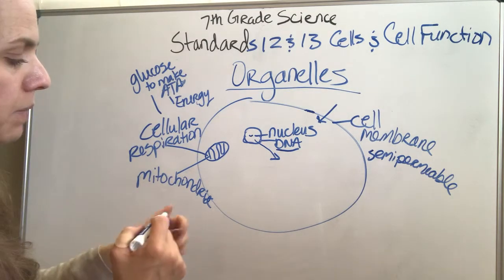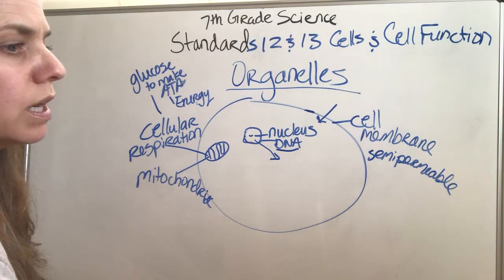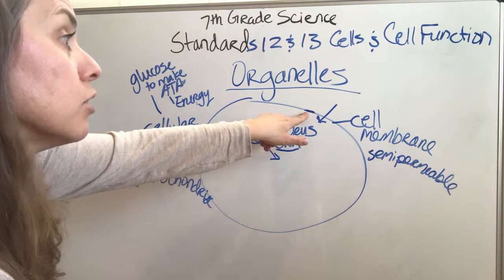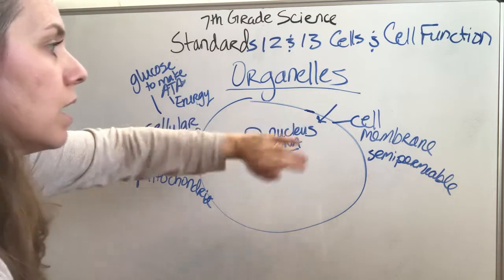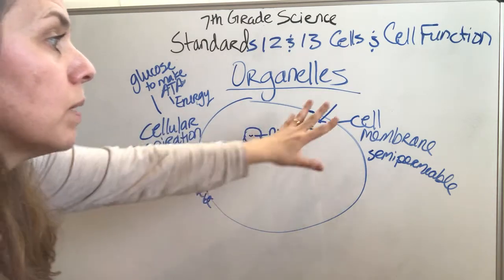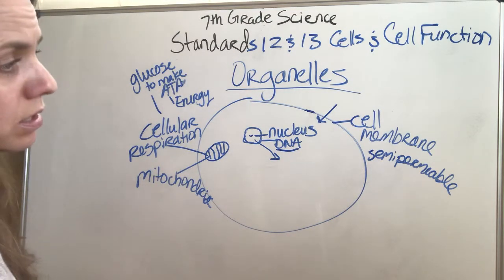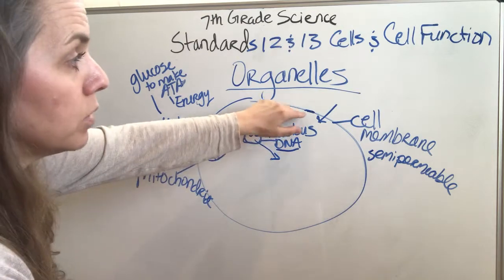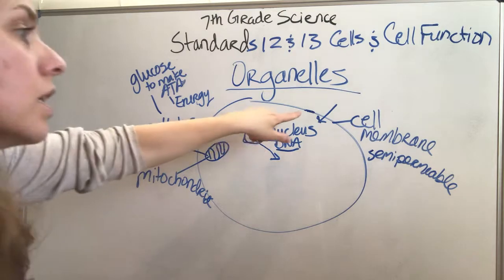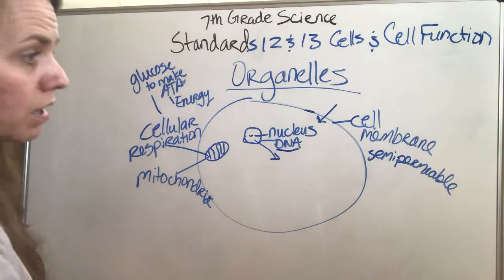Like if you go to a concert or a movie and you need to have a ticket to get in, if you don't have the ticket, you're not getting in, and that person won't let you in. But if you have a ticket, you'll be allowed to come in. So the cell membrane is in charge of that. It says, okay, some people can come in and some people can't. Or some nutrients can come in, some molecules can come in, and some cannot. And so that's the function of the cell membrane.